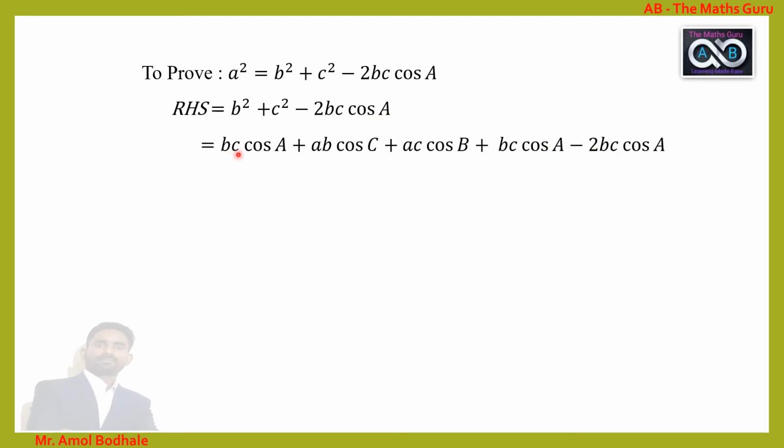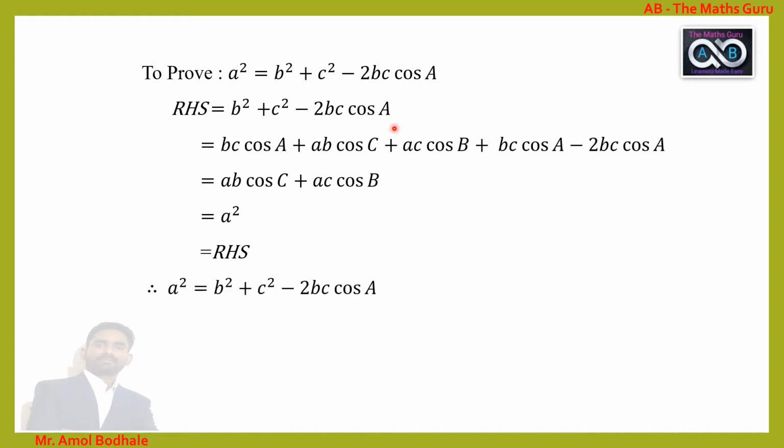Here bc cos A plus bc cos A, that is 2 times bc cos A, will be cancelled with this term. So we get only ab cos C plus ac cos B, and exactly this is a square by the previous equations.